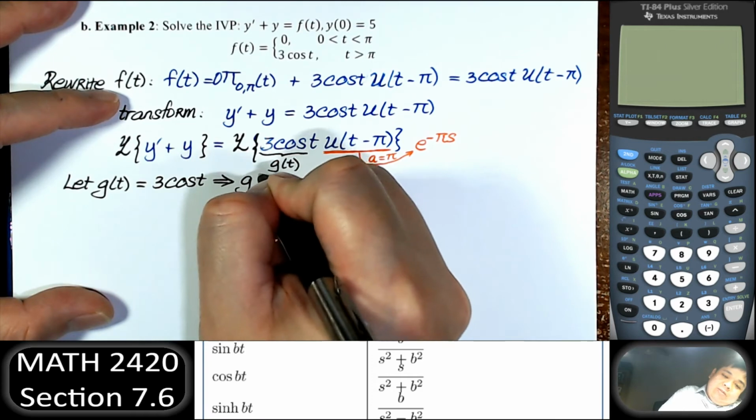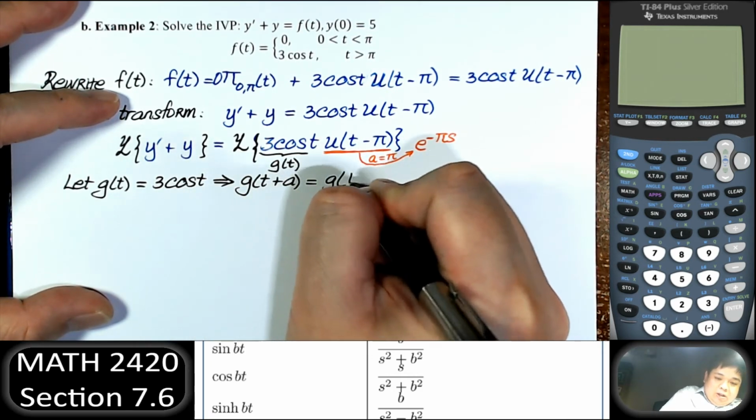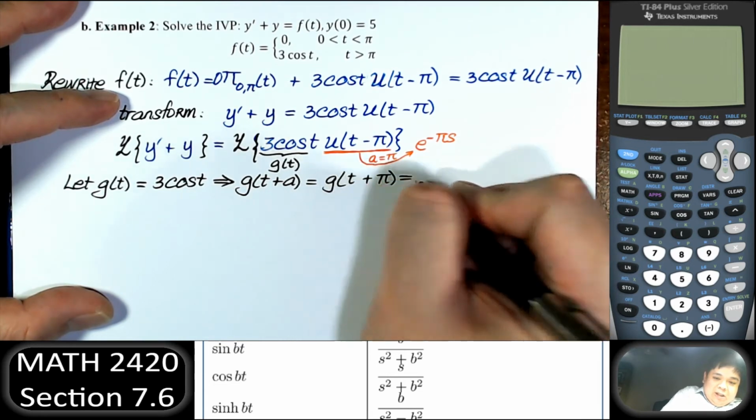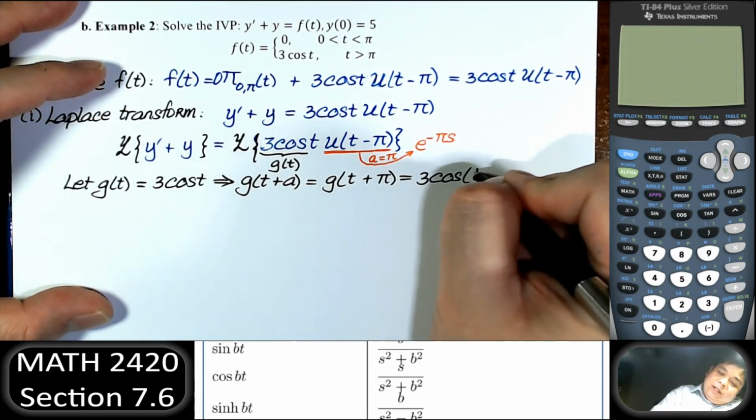So now g of t plus a, or g of t plus pi, equals 3 cosine of t plus pi.